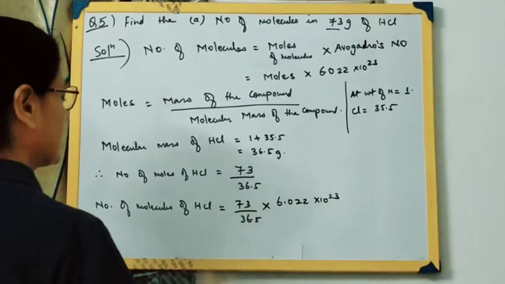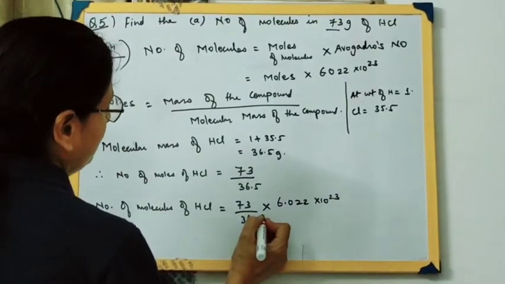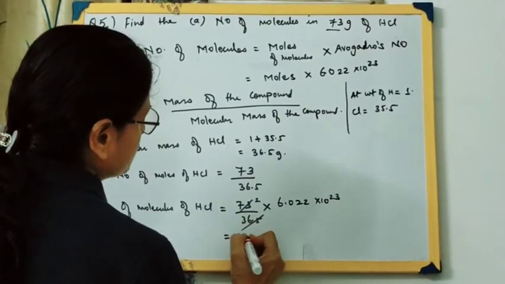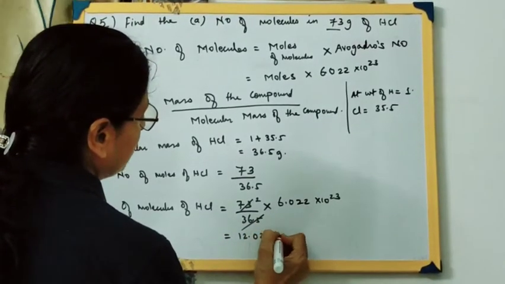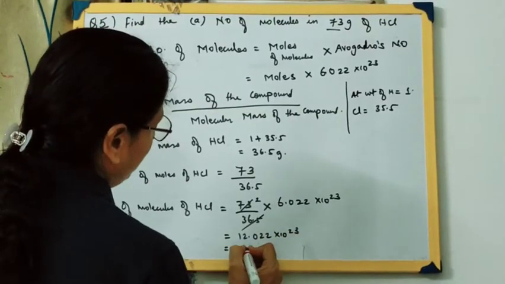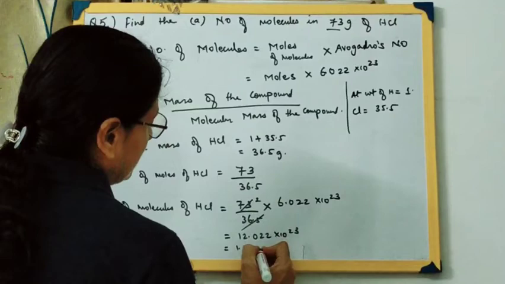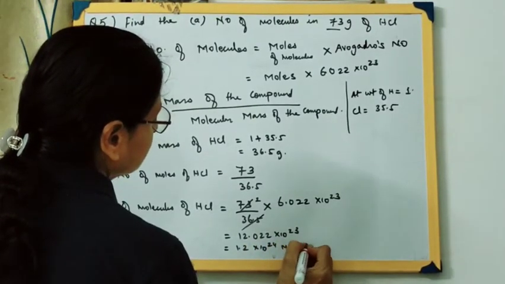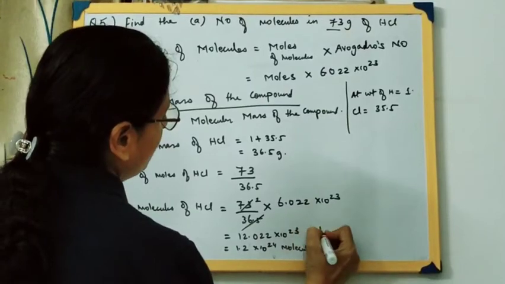So this will just cancel out, 36.5 ones are, this will be 2s are. So we get 2.022 into 10 to the power 23. Or we can also write this as 1.2 into 10 to the power 24 molecules. Here also this will be molecules.